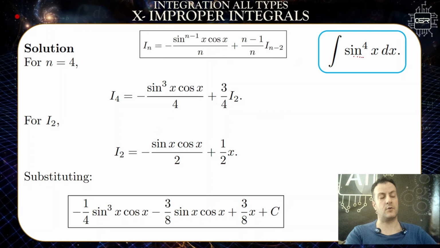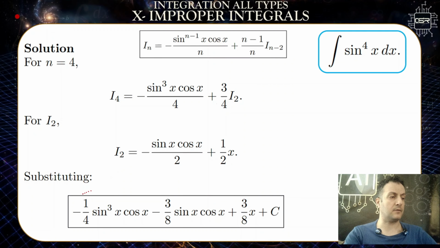Meaning for sin squared x, it is equal to minus sin x cosine x, also the same formula, that would be n minus 1, so 2 minus 1, sin x cosine x divided by 2, plus 1 over 2, n minus 1 over n, times I_0, which is x, so plus 1 over 2 x.